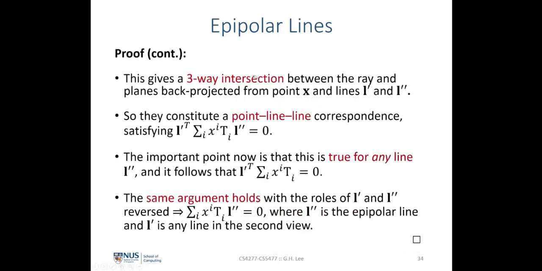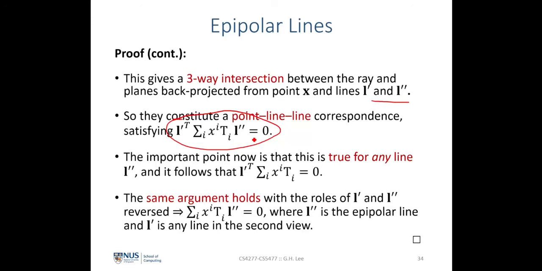And hence, this gives rise to a three-way intersection between the back projected light ray from the first image of the point and the back projected planes from the respective line correspondences, which is denoted by L and L' respectively. This actually constitutes what we have seen earlier on, the point-line correspondence, which must satisfy this incidence relationship that we have derived earlier on.